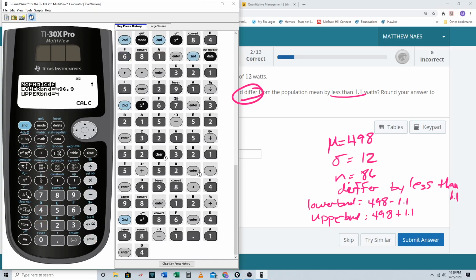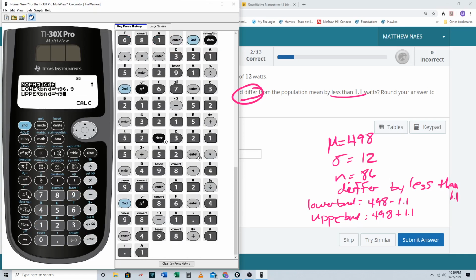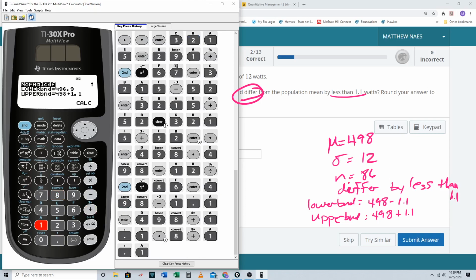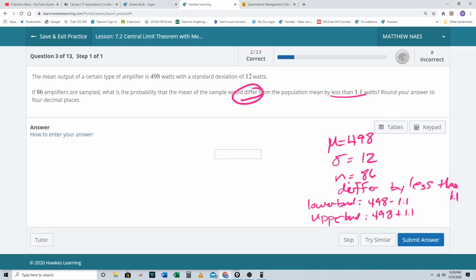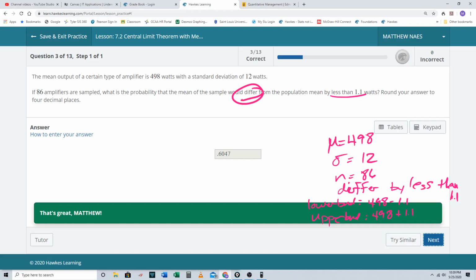The upper bound is 498 plus 1.1. All right, and we go to calc, and we get 0.604472, so 0.6047. All right, so we got a differs by less, differs by more done.